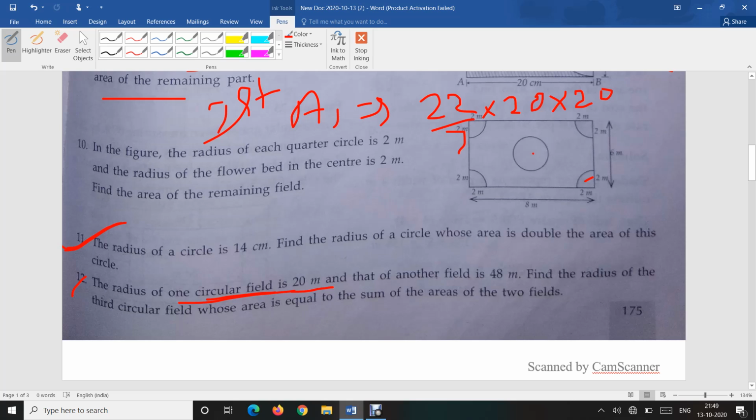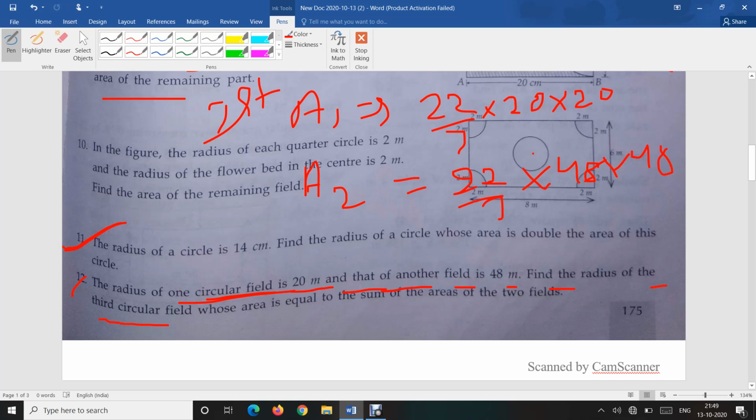You can solve that. And that of another field is 48 meter. That means area 2 is equal to 22 upon 7 multiplied by 48 multiplied by 48. You can solve that.